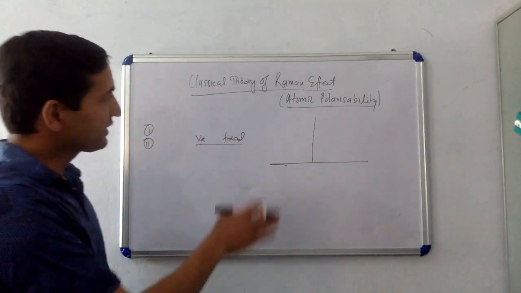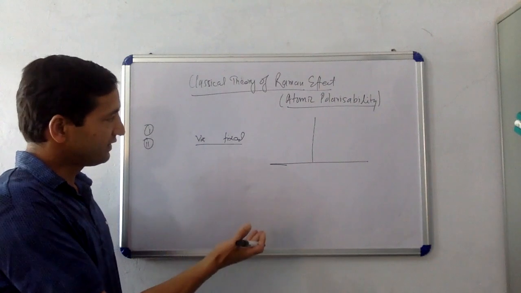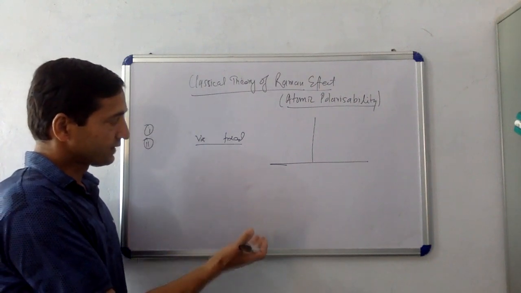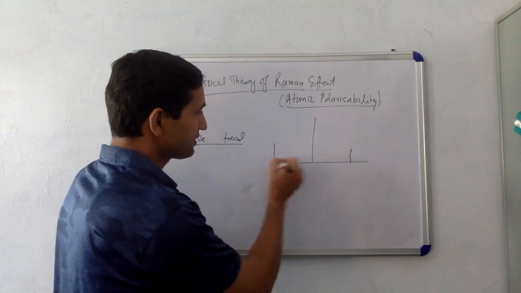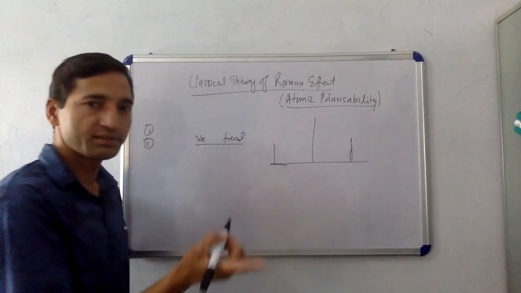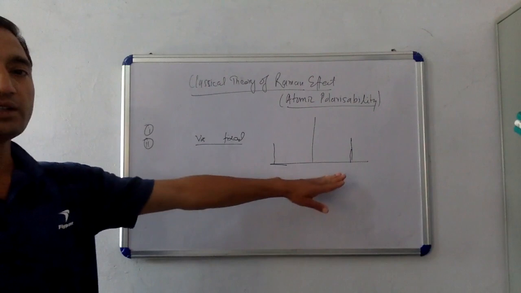And this is all about the classical theory, and how it fails. Classically, the Stokes and anti-Stokes lines must have the same intensity, but this is not observed.